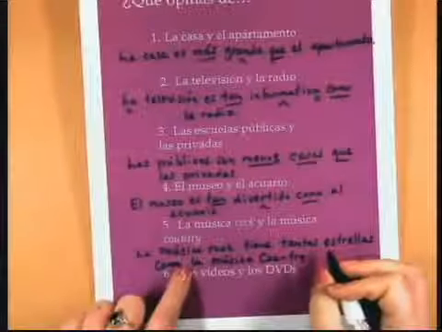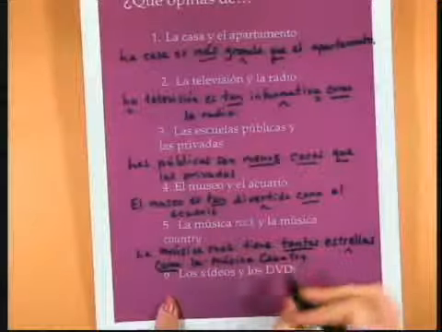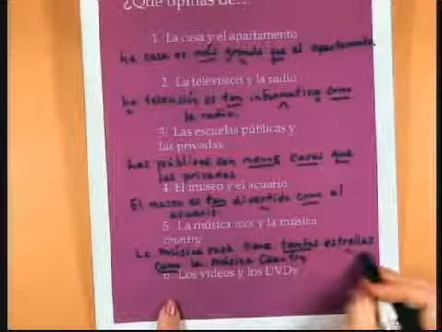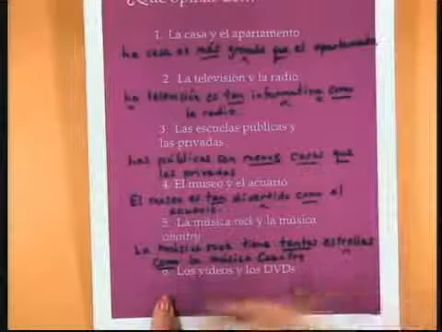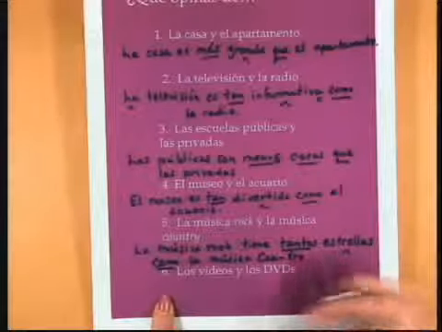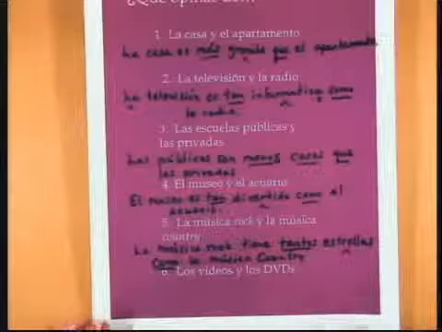So rock music has as many stars as country music. Tantas estrellas, it's tantas because estrellas is feminine and plural. Como, because it's a comparison of igualdad, of equality. So tantas estrellas como. As many stars as.